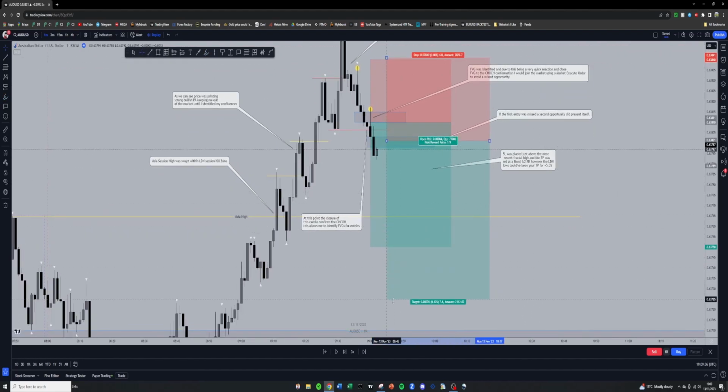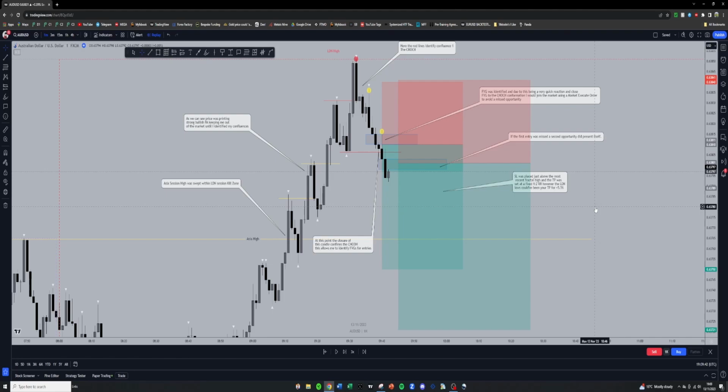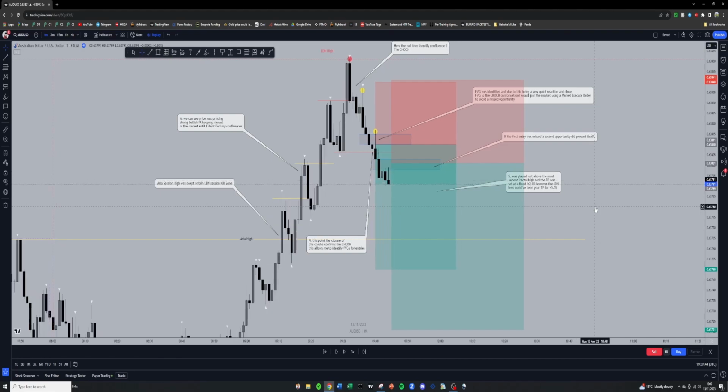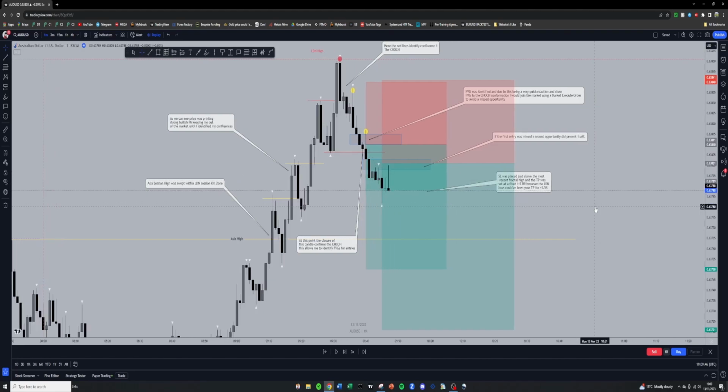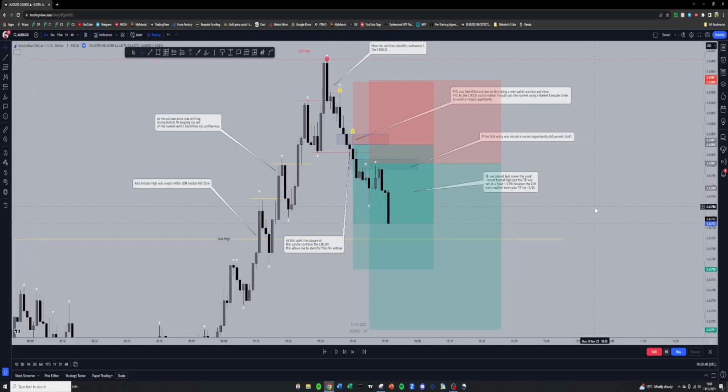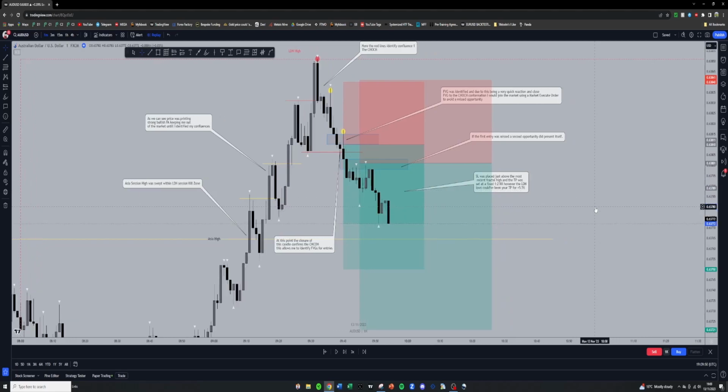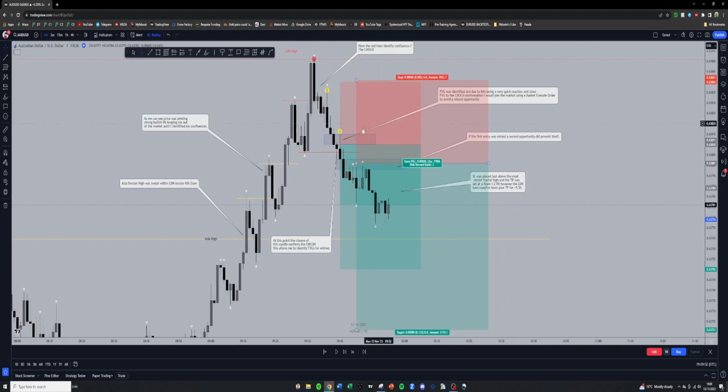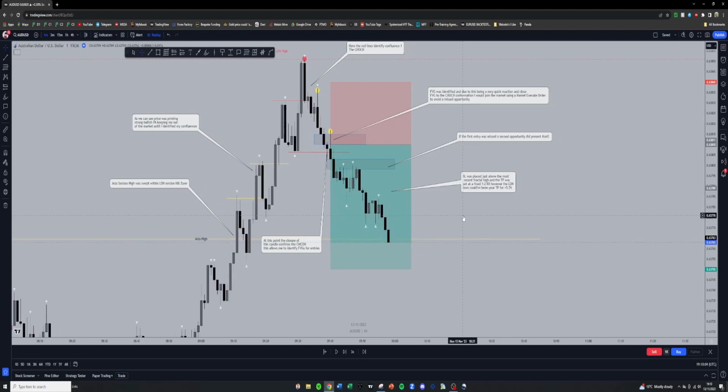I would then have 1 to 2 like so, and you could get your entry if you missed the first one, so you wouldn't have got tagged in at the 50% of the fair value gap. However, had you had it at the entry of the fair value gap, you would have been tagged in here. So as an example that you could have got in, but we'll show you how this trade played out.